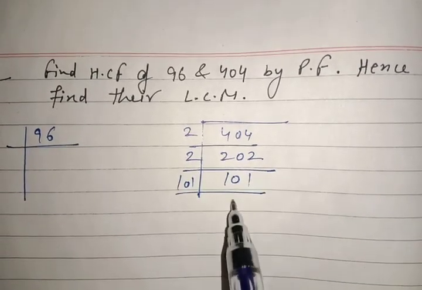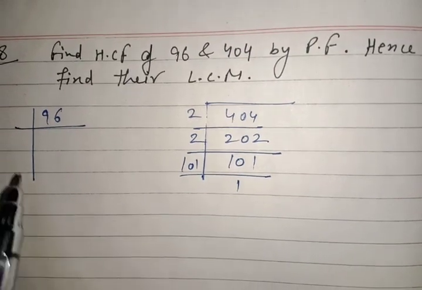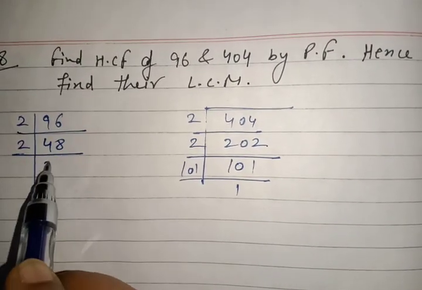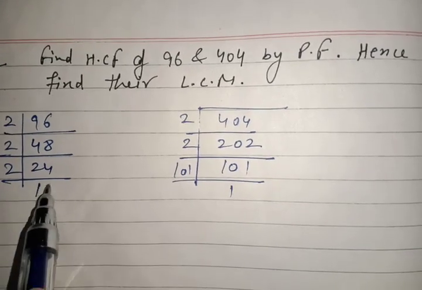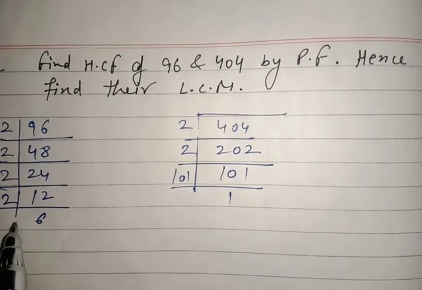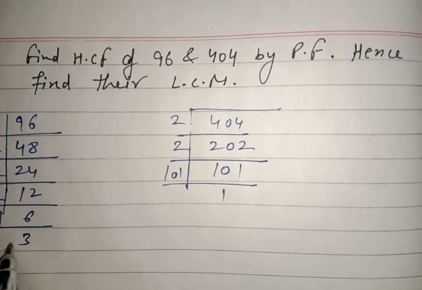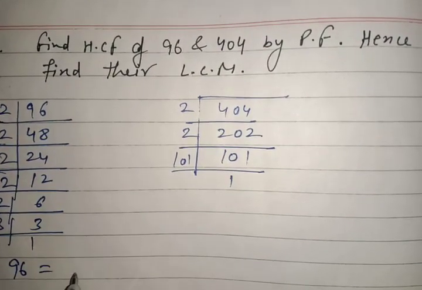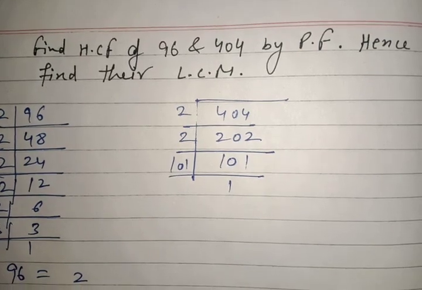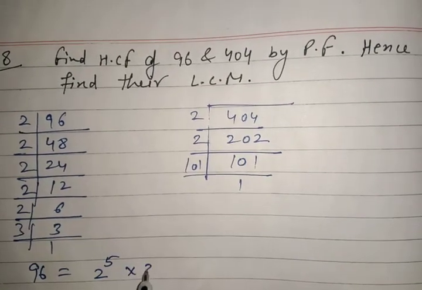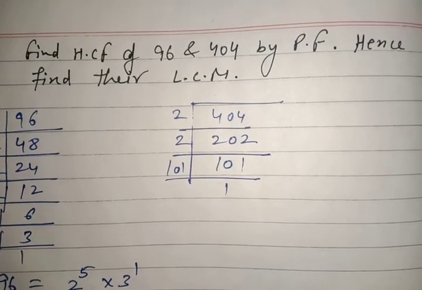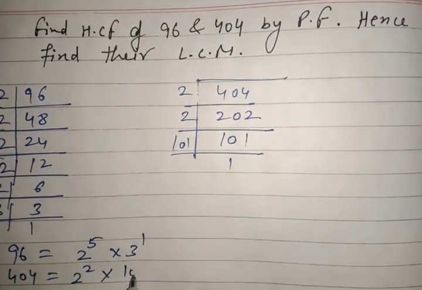The prime factors of 404 are 2, 2, 101, and now we'll start with 96. Again 2, then 2, then 3. So simple, very easy questions. So 96 is 2 raised to power 5 and 3 raised to power 1, and 404 can be written as 2 raised to power 2 and 101.